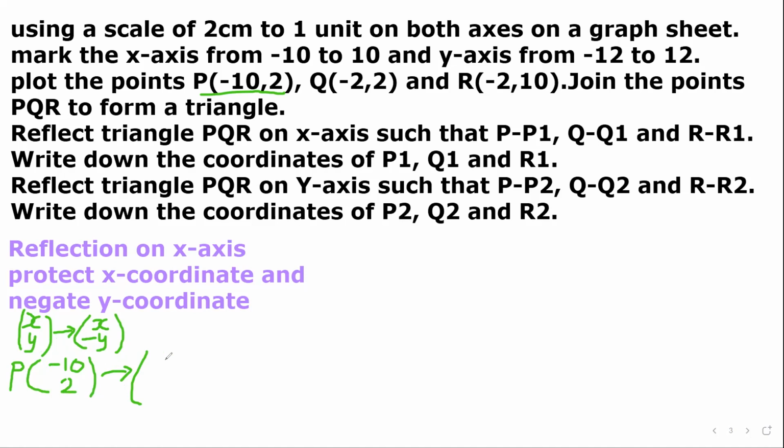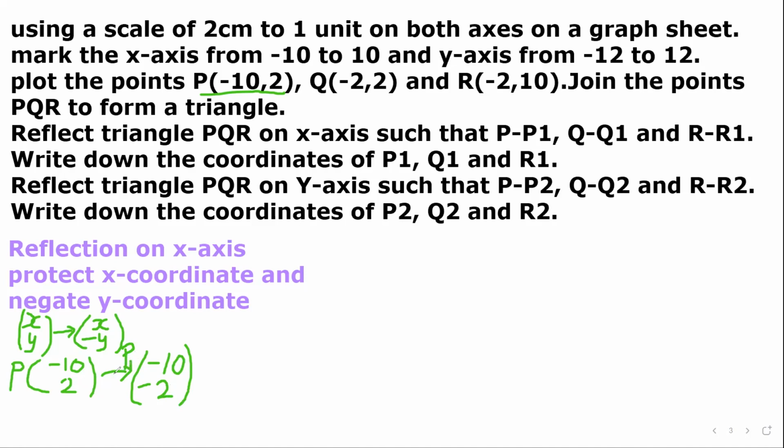So you write the same number over there, which is negative 10, because the x coordinate is negative 10 already. You do not change anything about the x coordinate, but the y coordinate will be negated with a negative here, and that will be negative 2 here. So our new coordinate will be negative 10 and negative 2.